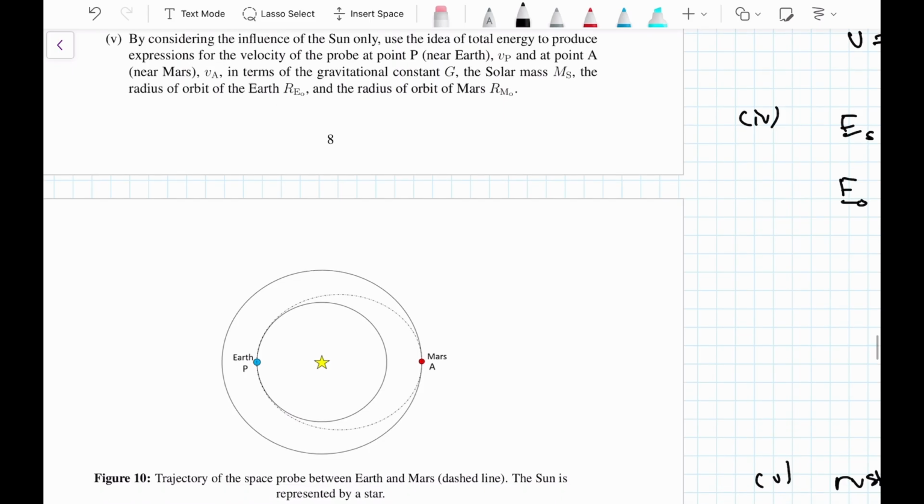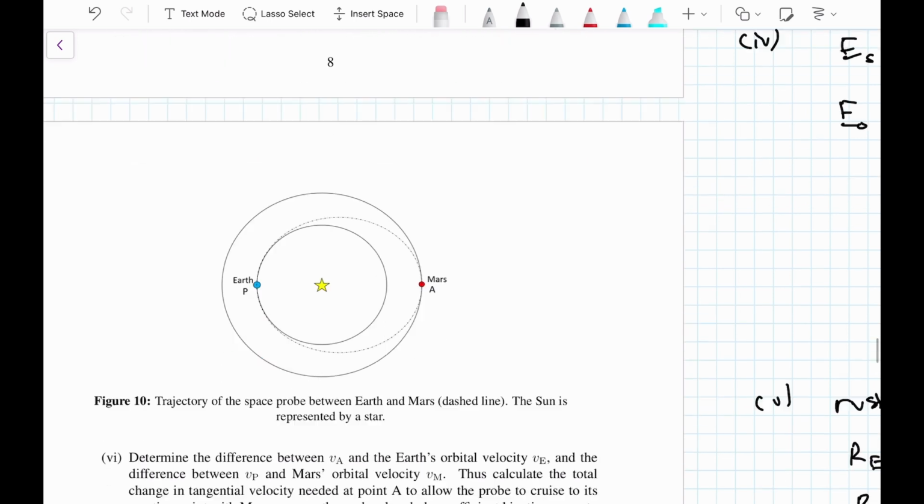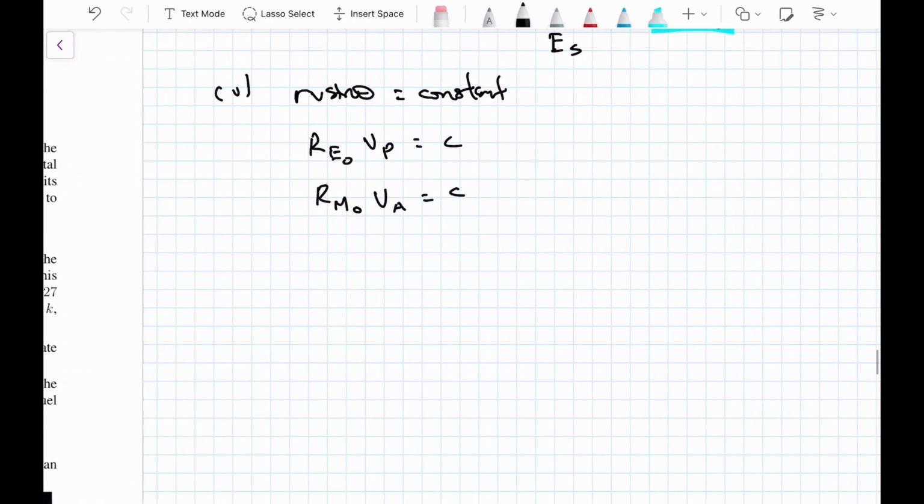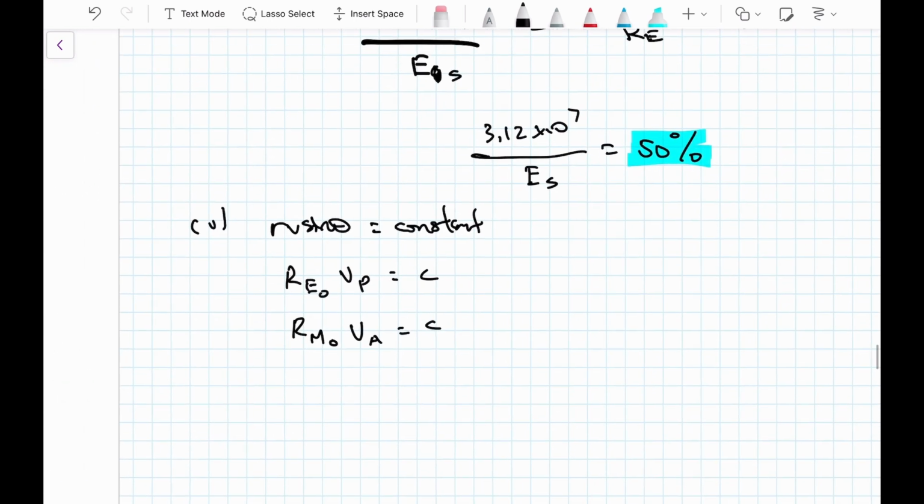How about this? Let's just say in the instant where the satellite is at P, what is happening is that it has VP squared over REO equal to G MS M over REO squared.